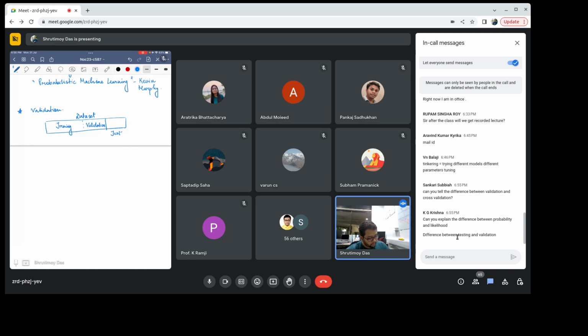So suppose our data set is small. In that case we don't have much data for training or testing. So what we'll do, suppose we divide this data into say k folds, and in each iteration we'll use this set for validation and the rest for training.